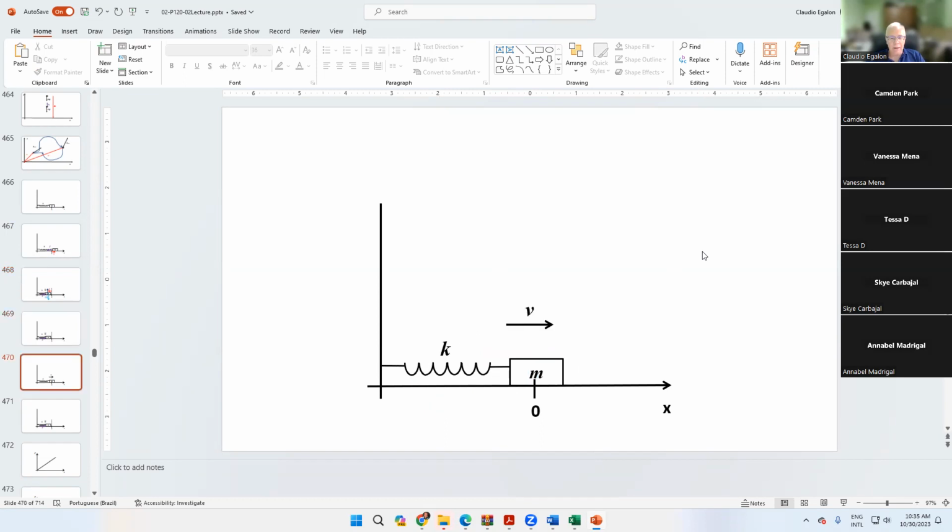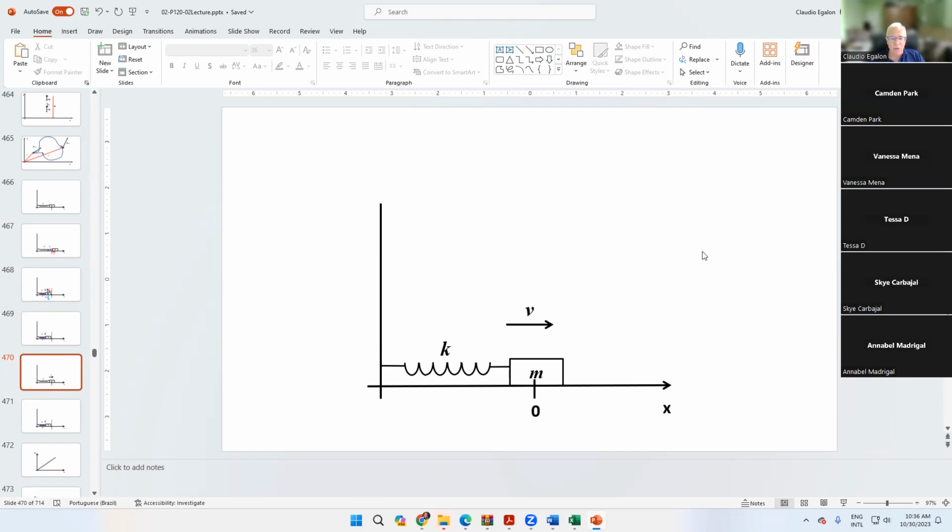Okay, so here you go. At this point in time, what am I doing? I'm compressing the spring and releasing the mass. When the mass passes through the position of equilibrium, this elastic force is going to be zero, but it's going to have some inertia, a velocity, right?